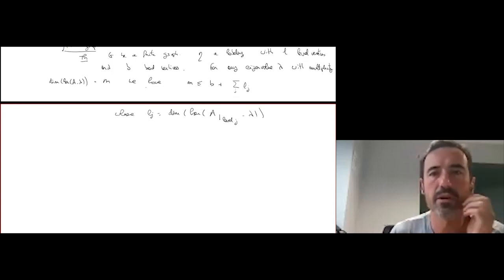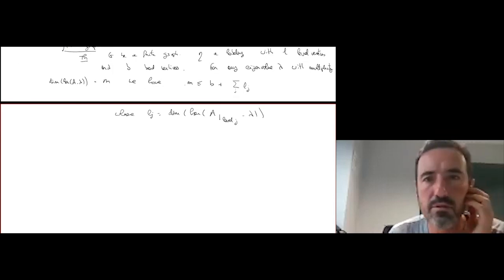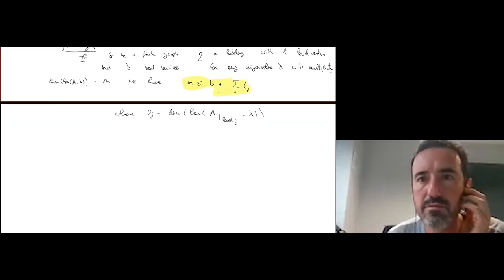So this is the formula which bounds the multiplicity of an eigenvalue.